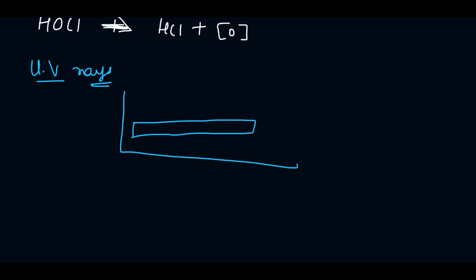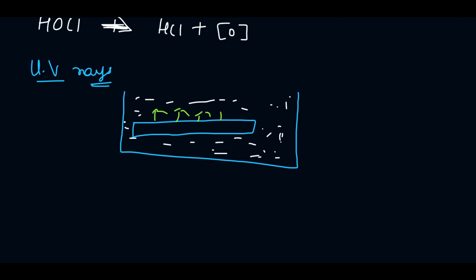Suppose this is the container having the water in it, and this tube is a UV tube, which is an electric tube, which radiates UV rays in the water. So all the impurities in the water are removed by these UV rays. But the disadvantage is just that it is costly.